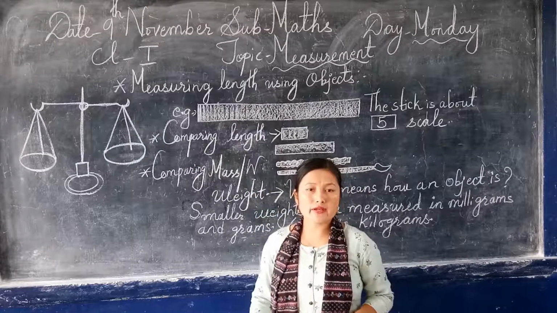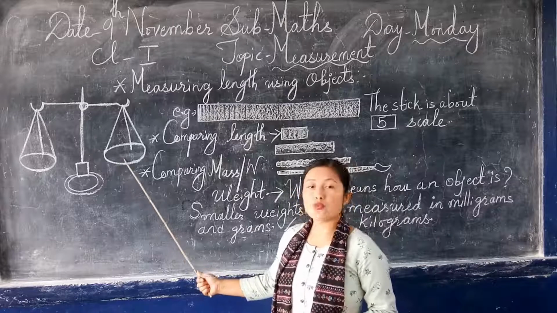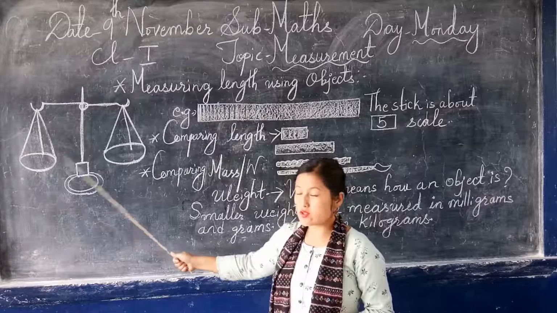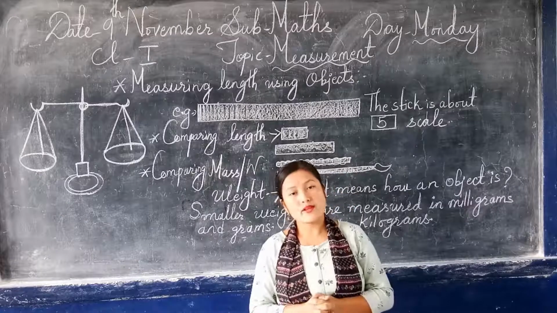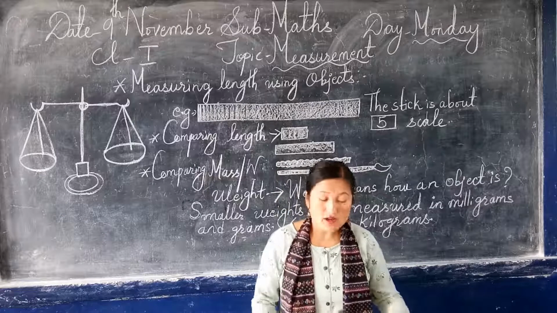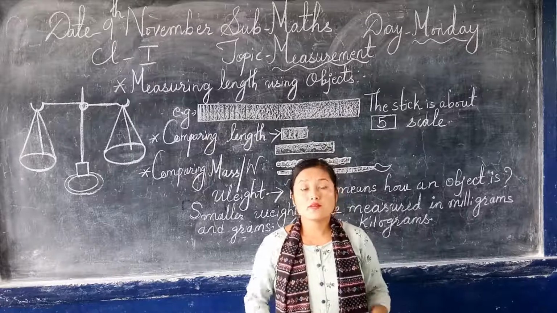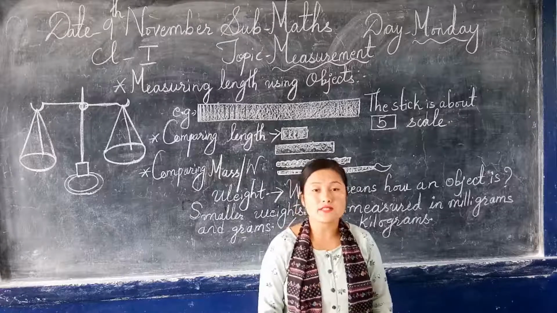For example, you can measure objects using a weighing balance, whether it goes downwards or upwards. You can do the example at home and you can refer to your book, chapter number 9, till page number 150.